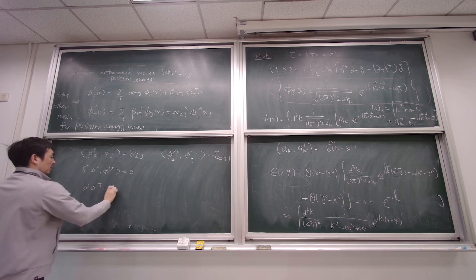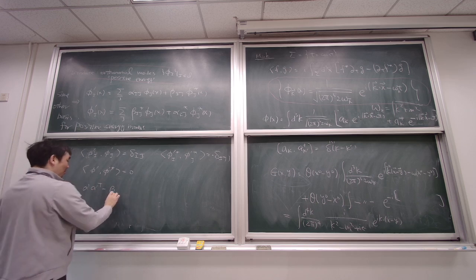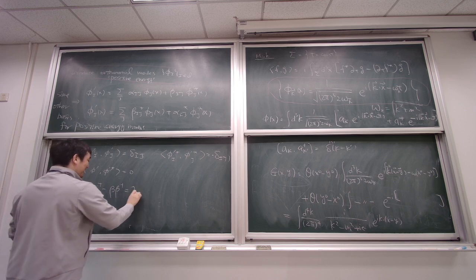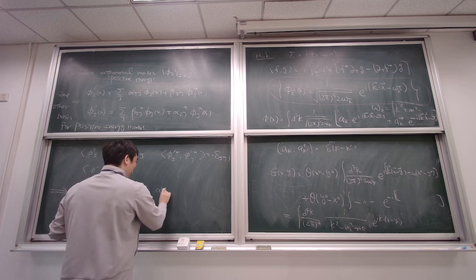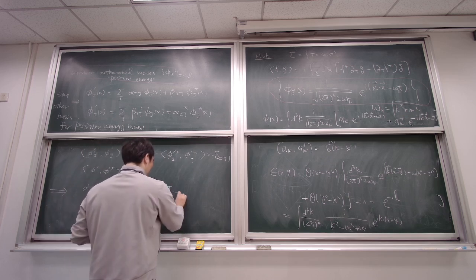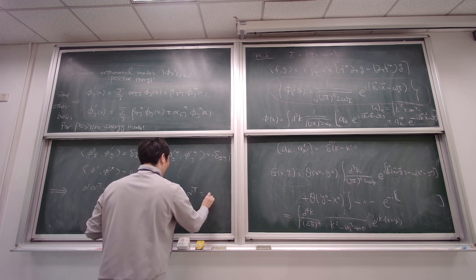There's one more homework left. I'm creating one more homework, I'm sorry about it, but this is an exercise for you to derive: alpha alpha dagger minus beta beta dagger equals 1, like this way.